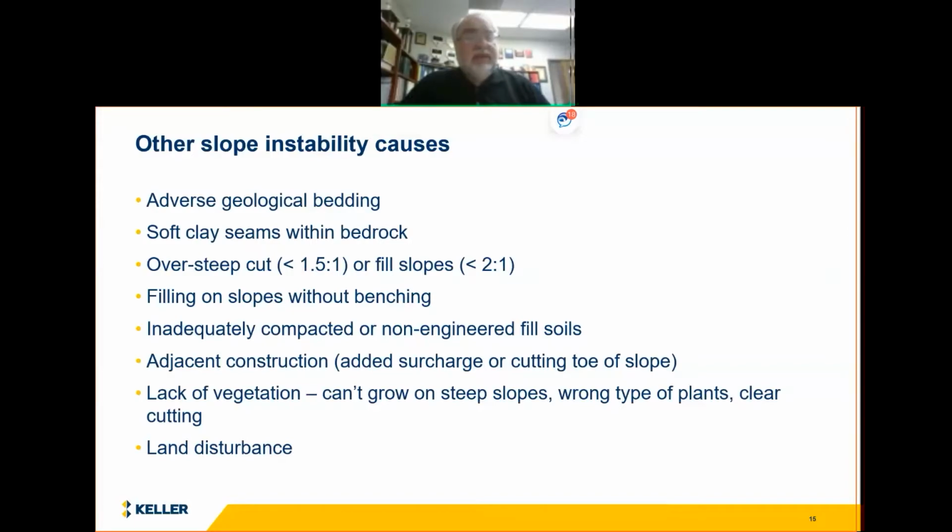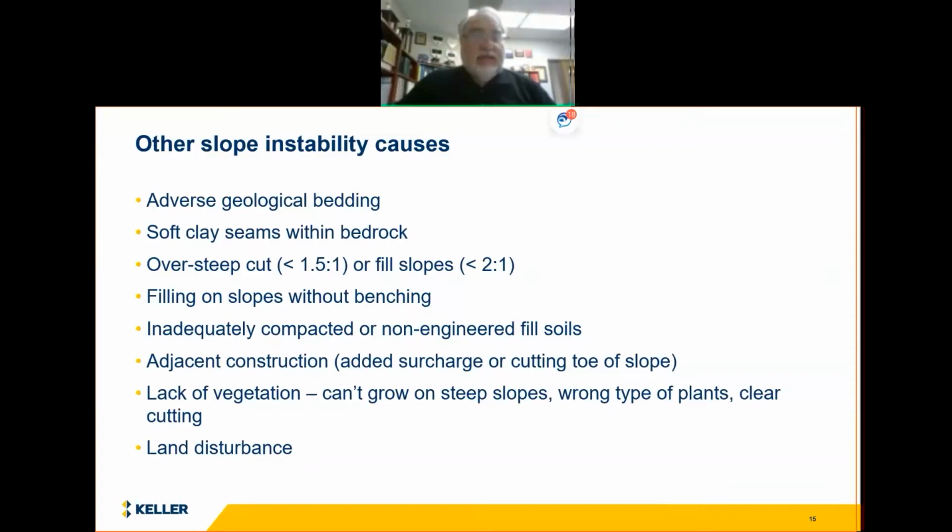Sometimes it's an oversteep cut or fill slope where construction has occurred and they've cut the slope steeper than 1.5 to 1, or they fill the slope with less than a 2 to 1 slope. Also, when fills are placed on slopes and no benching has occurred in the existing slope, you can oftentimes have that fill just slide down the old geometry.